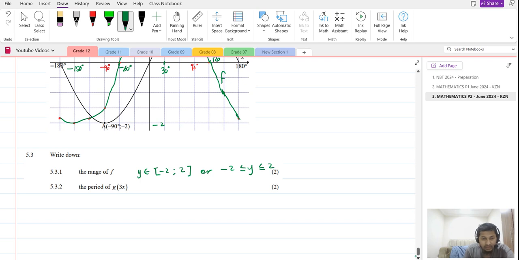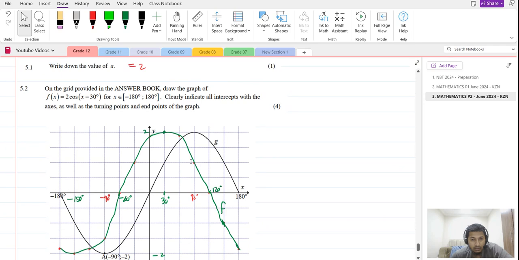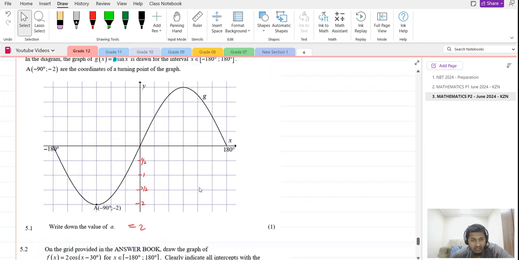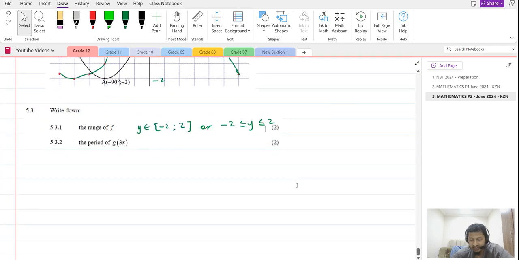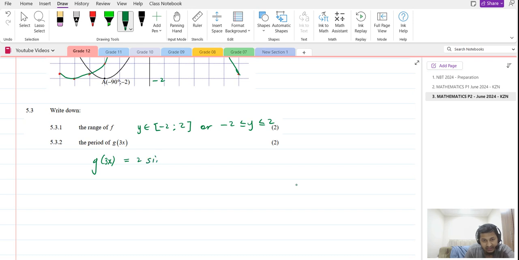The period of g of 3x. What is g of x? G of x is 2 sine x, so you need to replace the x with 3x. G of 3x becomes 2 sine 3x.